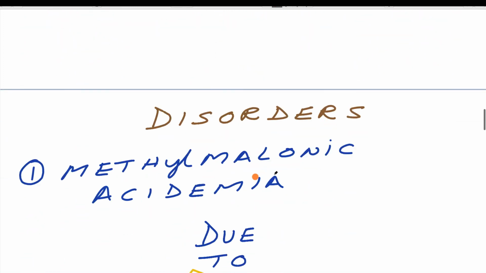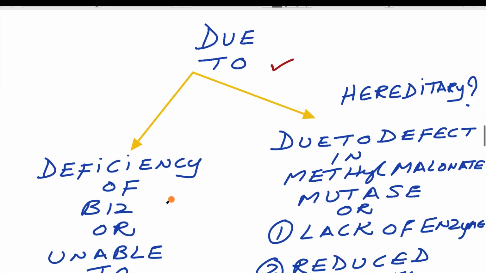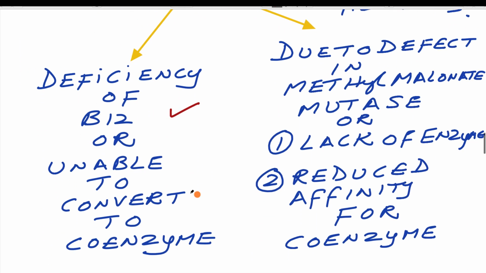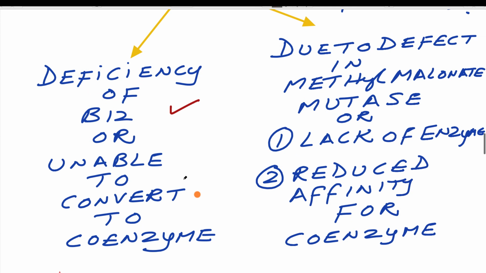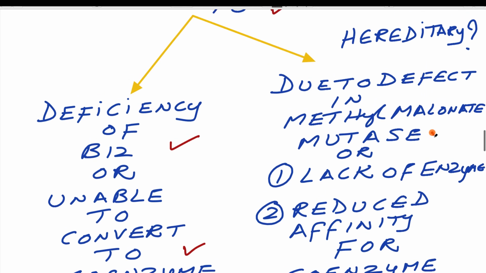Now the disorders. One of the disorders is methylmalonic acidemia. It may be due to deficiency of B12, or even if B12 is available, inability to convert it to coenzyme. The other is due to a defect of methylmalonyl mutase, which may be hereditary.